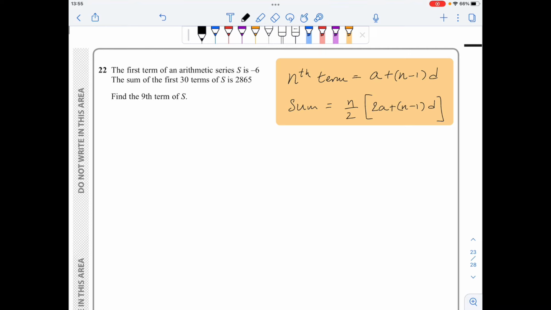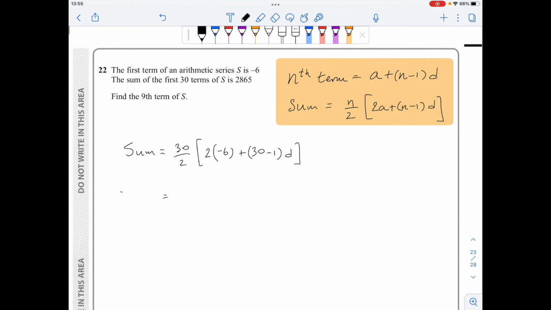So let's start by what we are given, that the sum of the first 30 terms is 2865. So sum equals 30 over 2 times minus 6 plus 30 minus 1 d. Let's simplify.